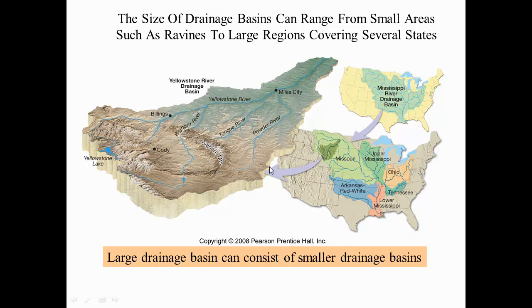So basically what's happening here is that the Yellowstone River is flowing northward and feeding into the Missouri River, and the Missouri River, which is part of the Missouri drainage basin, will eventually flow into the Mississippi River and become part of the Mississippi River drainage basin. And from there, the Mississippi River will flow into the Gulf of Mexico and deposit the Mississippi Delta.